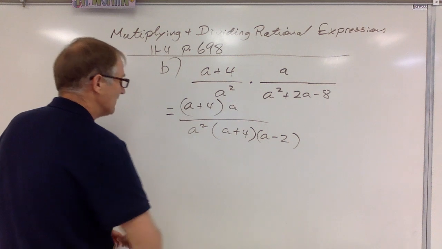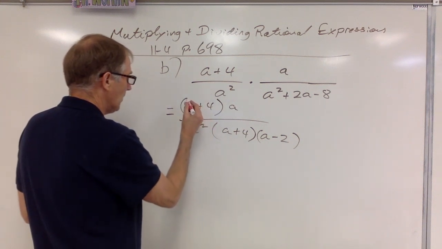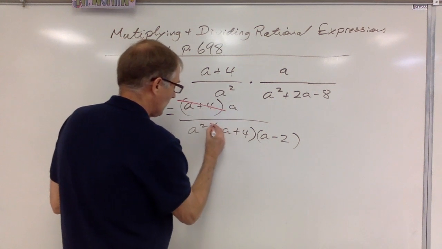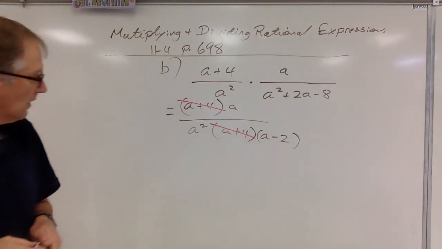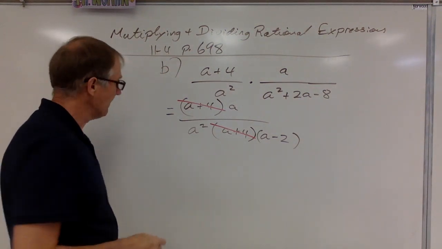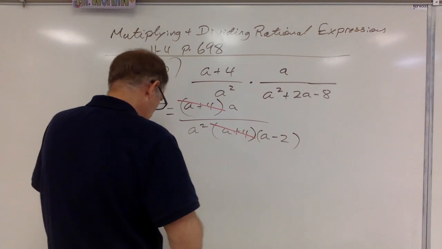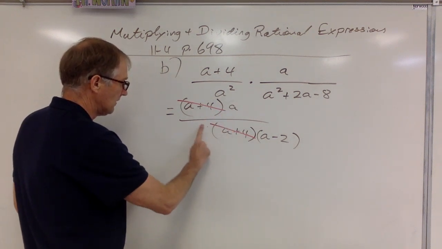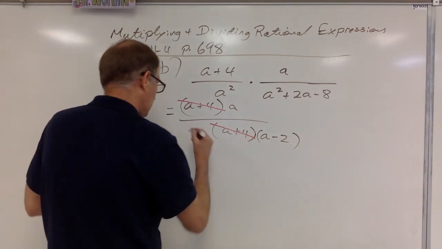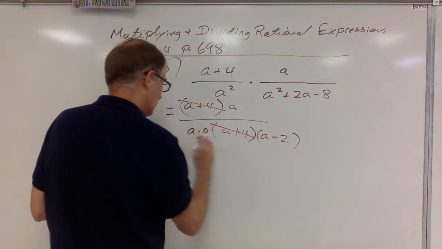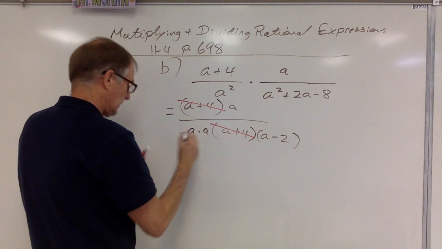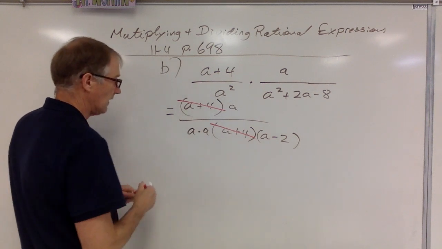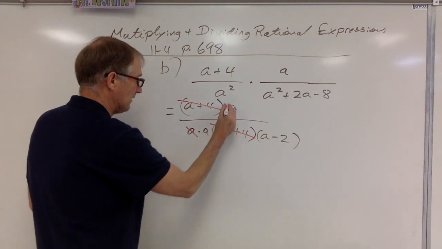So here's our common factor in the numerator and denominator. The other thing I just noticed: that's an a, and this is a squared, which is a times a. So that a cancels with that a.